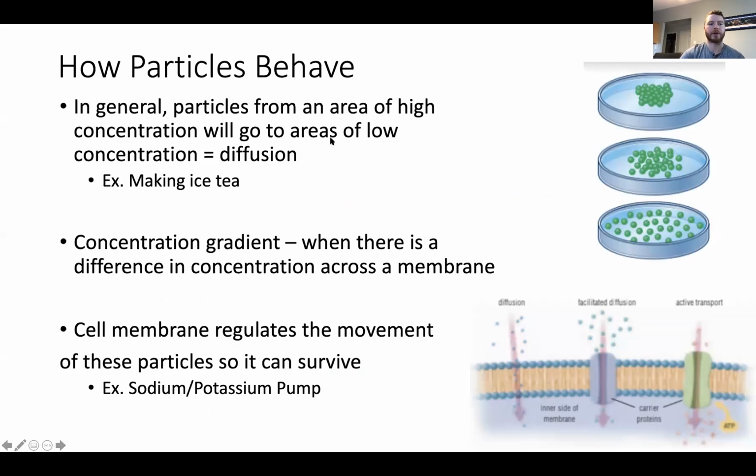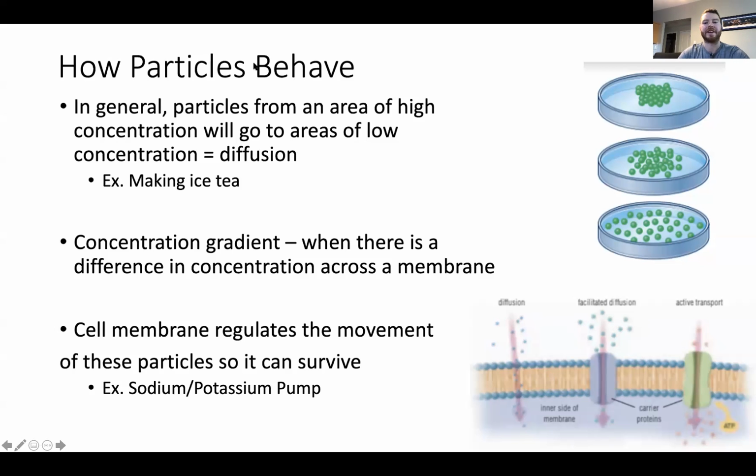Okay, so we're going to talk about how particles behave now. Just generally speaking, particles are going to go from an area of high concentration to areas of low concentration. This is a process called diffusion.